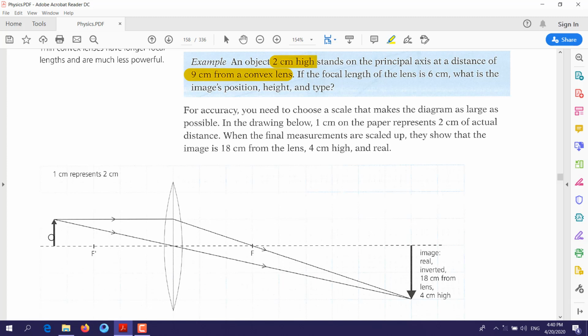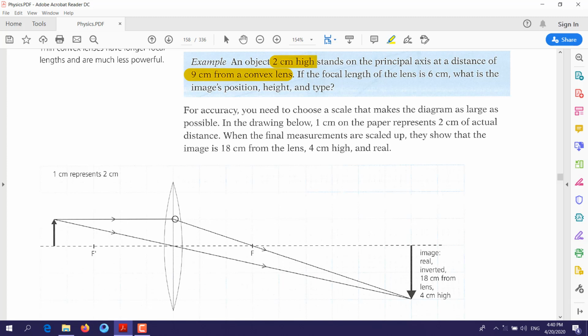Now you have the position of the object and the height of the object. To start drawing, firstly, you draw a straight line which is parallel to the principal axis, a parallel line until the lens, and this ray will bend.